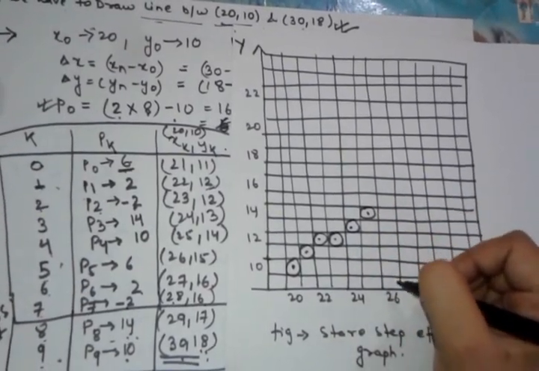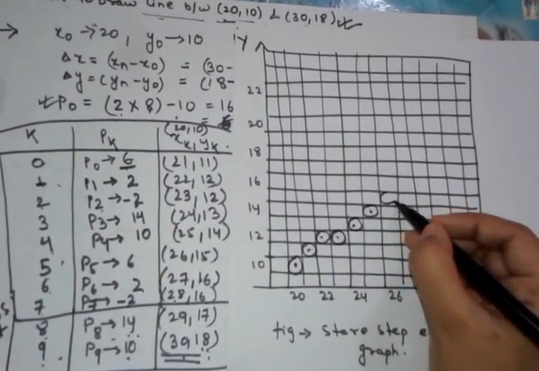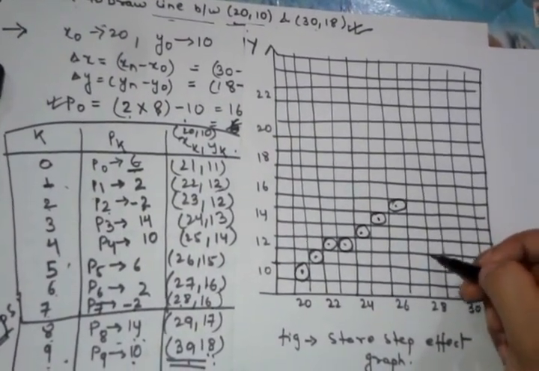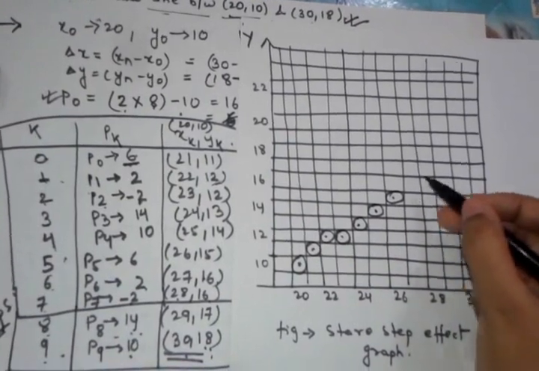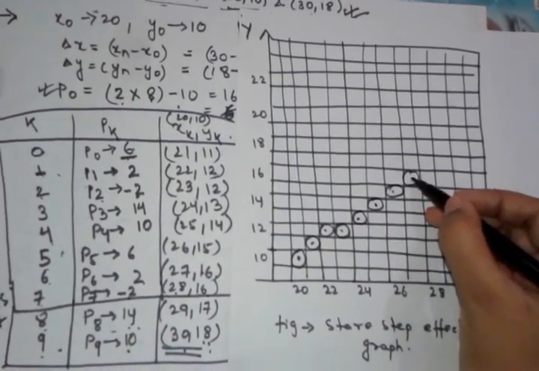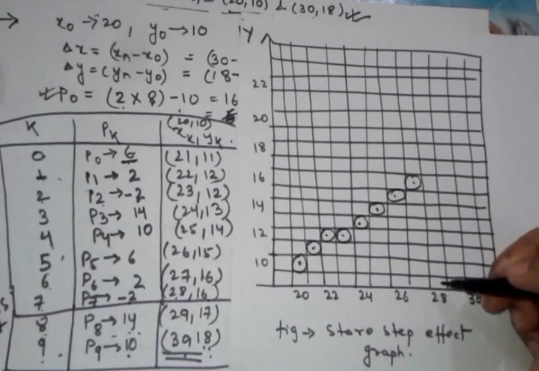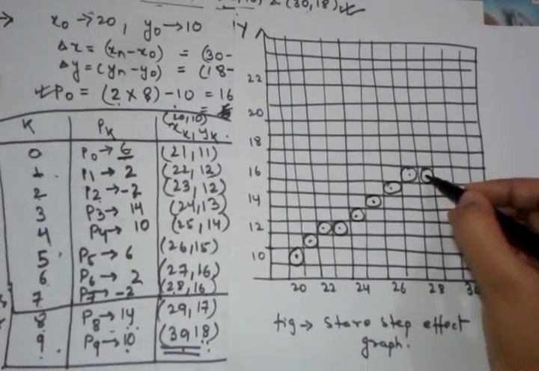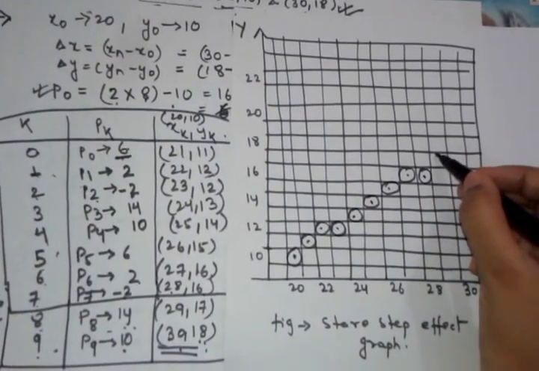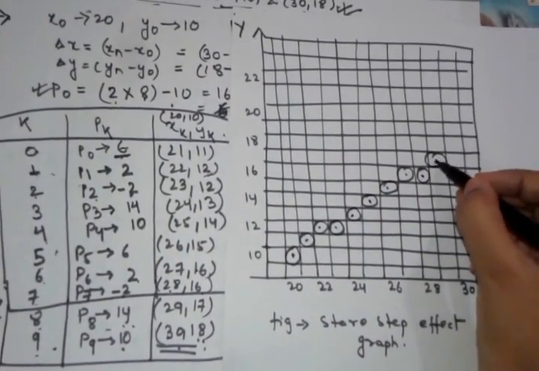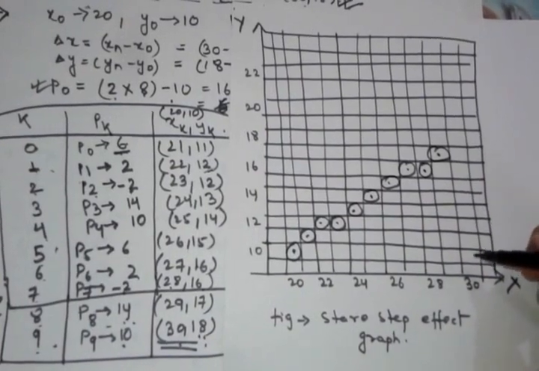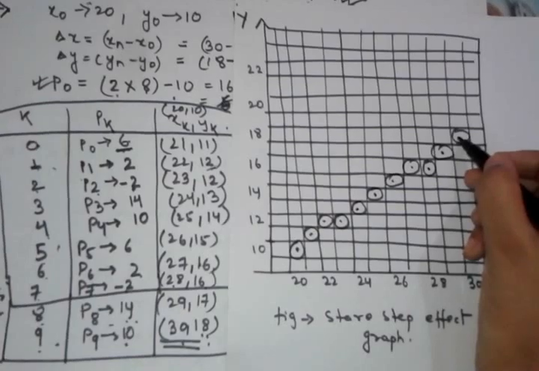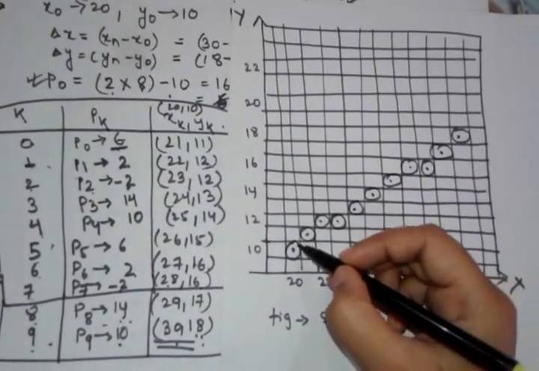Then 26 and 15. Then 27 and 16, this block. And 28 and 16. 29 and 17. And the last is 30 and 18, this block. So it will generate the line.